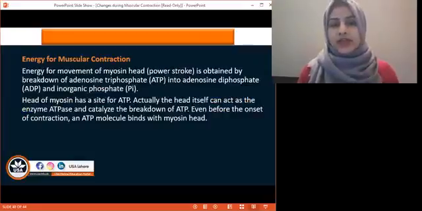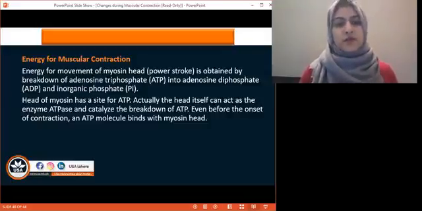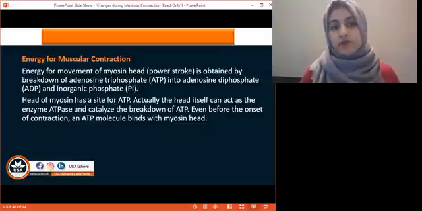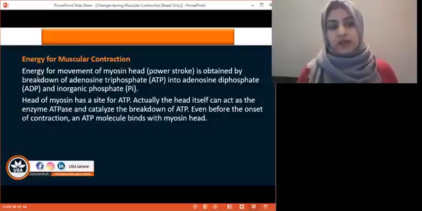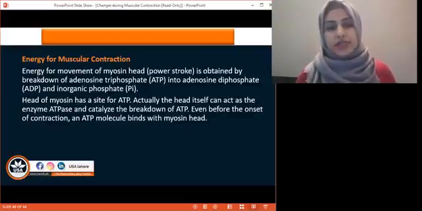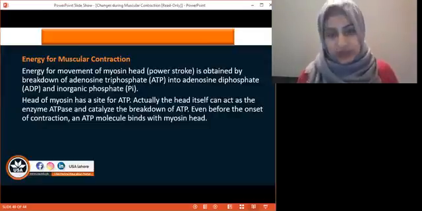So where does the energy come from for all of this process? The energy for the movement of the myosin head, the power for the power stroke, is always obtained by the breakdown of adenosine triphosphate into adenosine diphosphate and an inorganic phosphate. The head of myosin has a site for ATP, and the head itself can act as the enzyme ATPase and catalyze the breakdown of ATP.